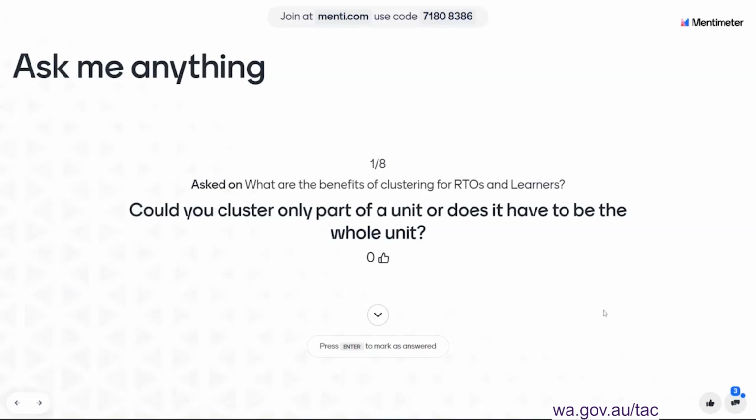You might have some common knowledge that you teach, or some common evidence that you use across multiple units, but remember that we always talk about things as a full unit of competency. In our regulation, it is about how you as an RTO address the full unit and how you make an assessment judgment against a full unit of competency.